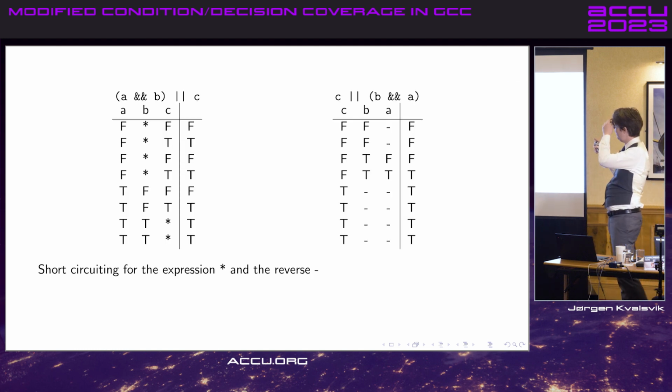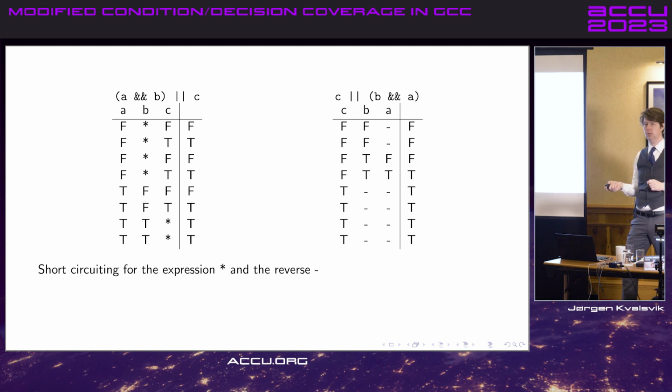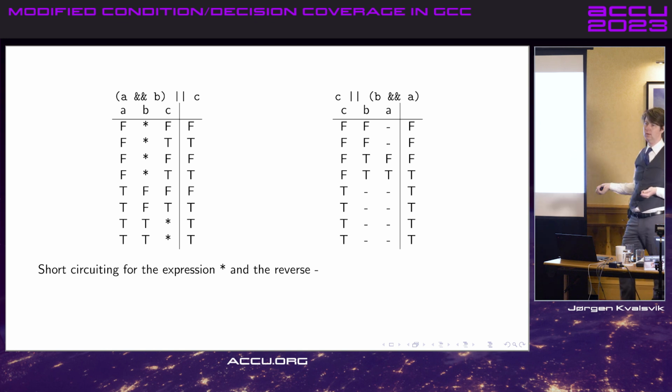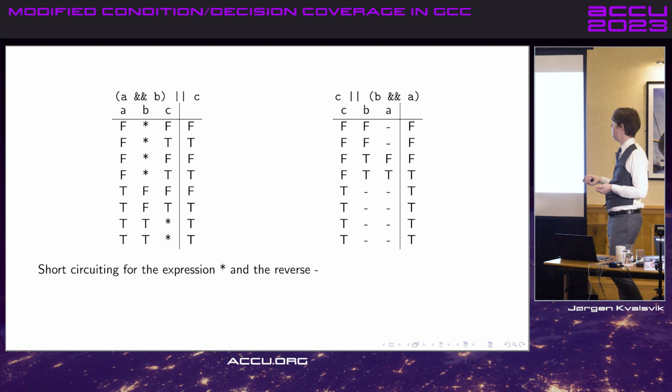So in here, I have taken the same expression. The left table, I've starred the values that are short-circuited for those inputs. And in the rightmost table, I've dashed the ones that are short-circuited in the reversed expression, right? So because we're all used to working with short-circuiting, whenever C is true in an OR expression on the right, then obviously it doesn't matter what B and A are, it's not going to affect the result.